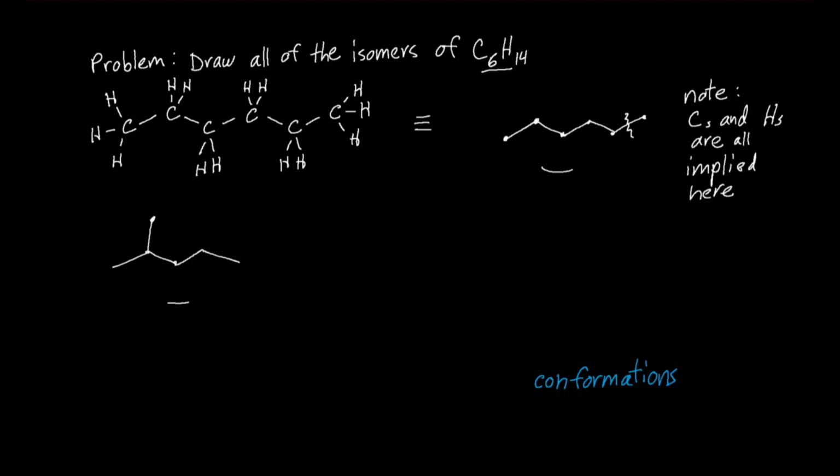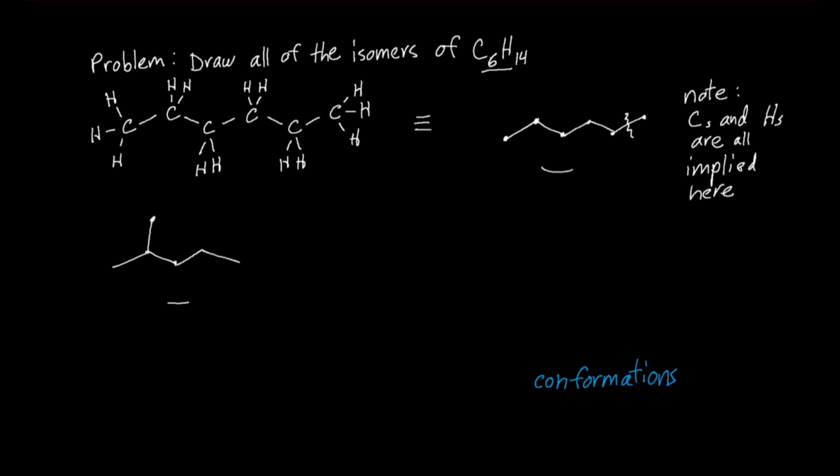With a molecular formula of C6H14, there are other structural isomers. And these are great problems because they reinforce bonding and structure a lot. They also reinforce other concepts like geometry, charge, and conformations that we're going to soon learn about.